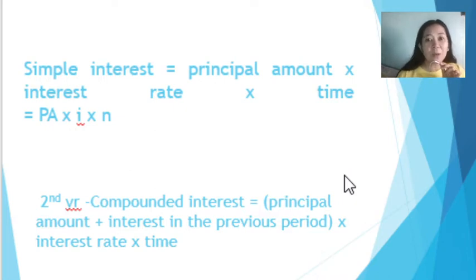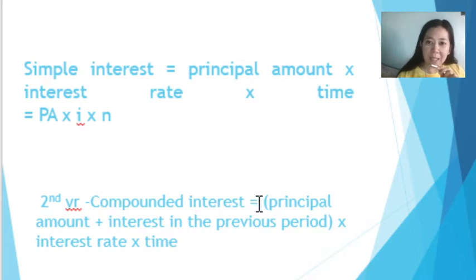Under the future value concept, what we are going to adopt is the compounded interest. Normally this applies to the second year and thereafter. In our illustration here, we use the second year to show how to determine the compounded interest.